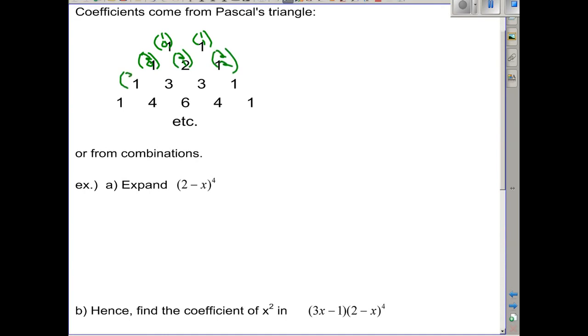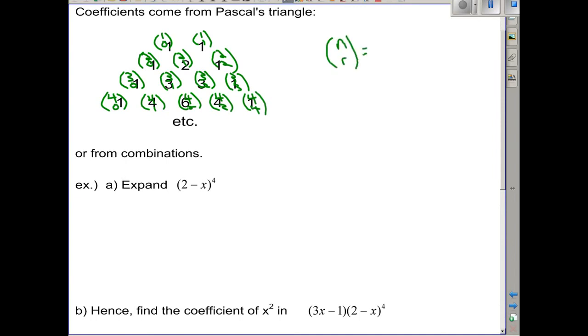So Pascal's triangle gives you this nifty little way of finding combinations really easily. 4C0, 4C1, 4C2, 4C3. And just as a point of interest, not that you're going to be responsible for this explicitly, but this is where nCr comes from.